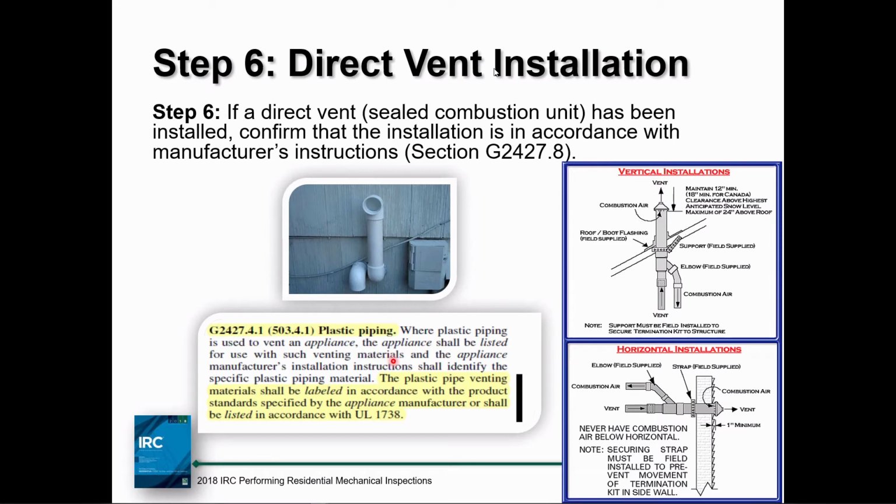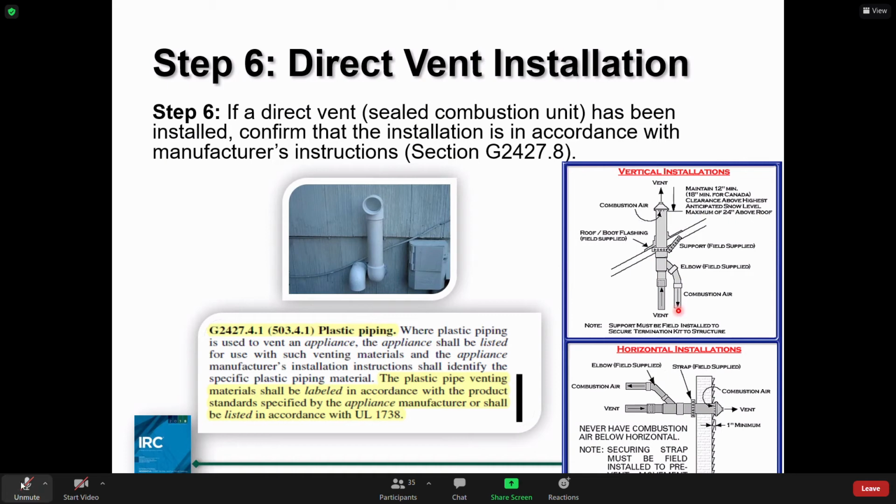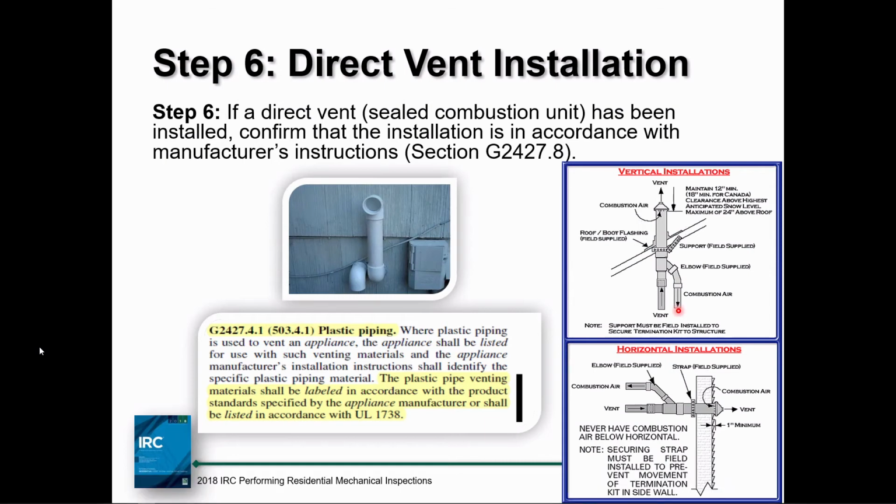You know where that came from? Think about this. PVC piping is primarily used for what? Water. Not venting purposes. What do we use PVC piping for? Water, plumbing, DWV, things of that nature.